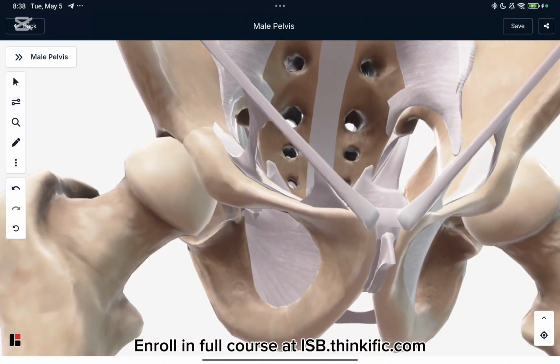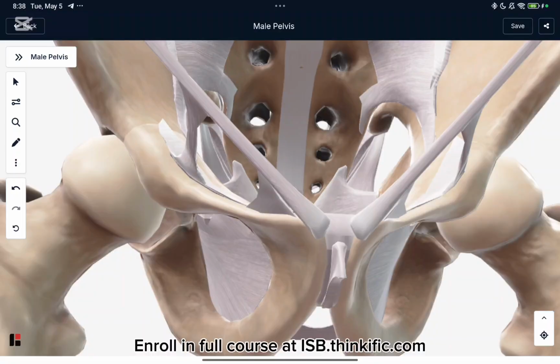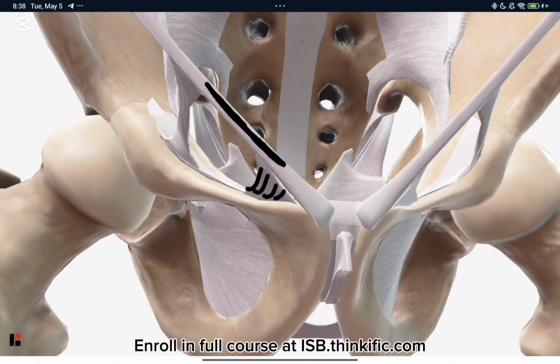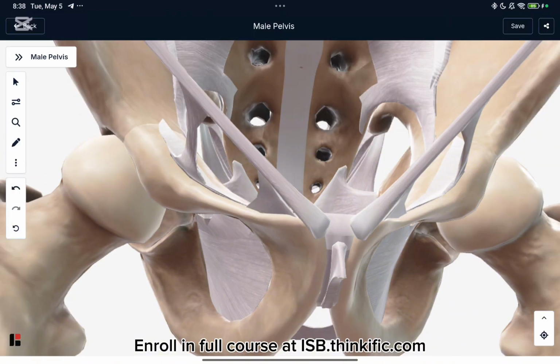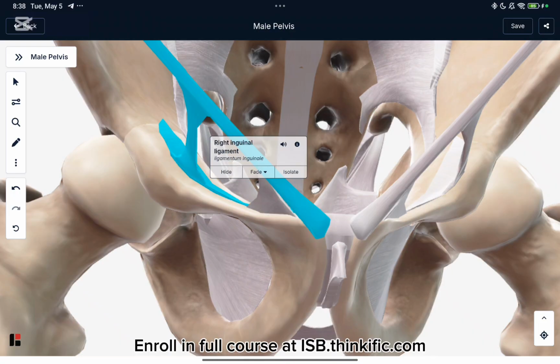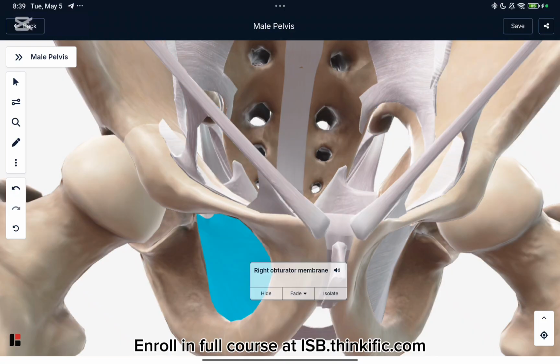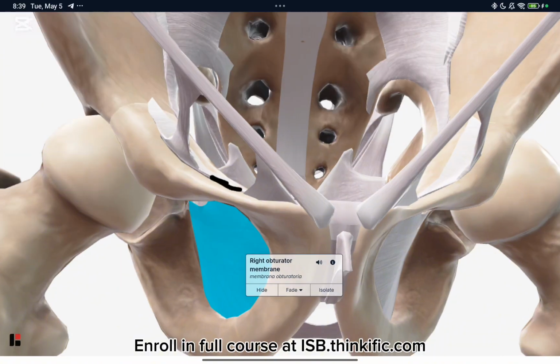Again, I can also show you the pectineal ligament here. As you can see here, this is the inguinal ligament, and this is the lacunar ligament, and the continuation here is the pectineal ligament. Here's the lacunar ligament, and here is the pectineal ligament down here.